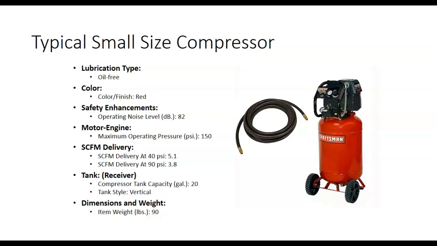They had to come up with a standard. So this is how much air it can move. At 40 psi, it can move 5.1 cubic feet per minute. At 90 psi, it can only move 3.8.